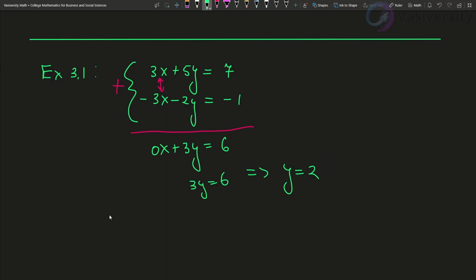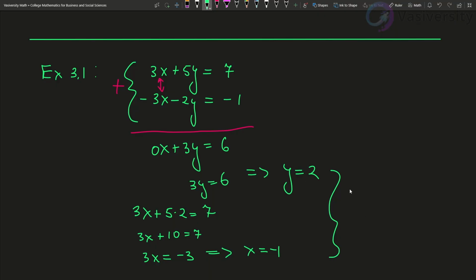Let's substitute in the first equation. So we have 3x plus 5 times 2 is equal to 7. So 3x plus 10 is equal to 7. That means 3x is equal to negative 3. So x is equal to negative 1. So our solution here is (negative 1, 2).